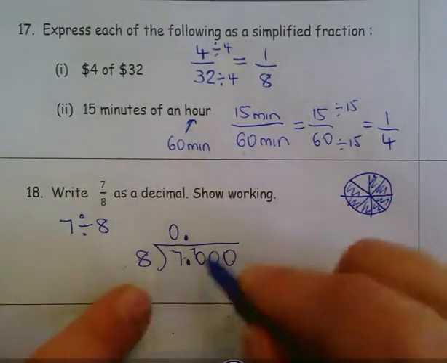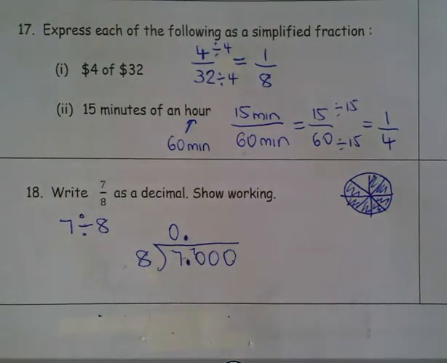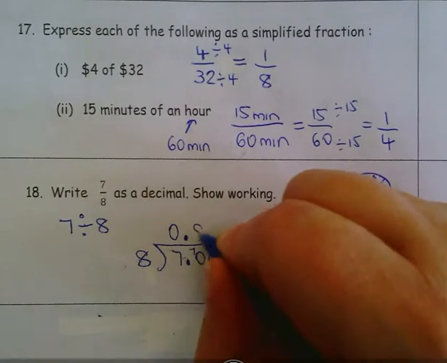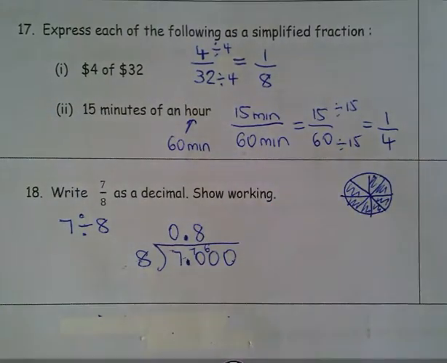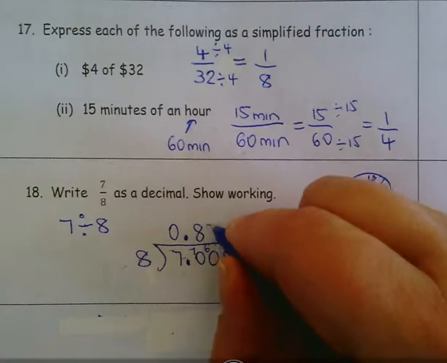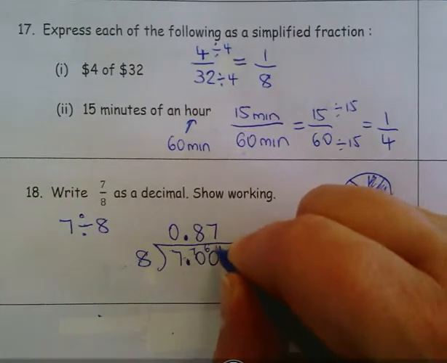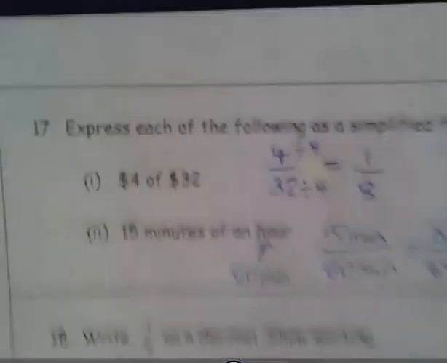I have to put it up there. Does 8 go into 70? Yes. How many times? 8 8s are 64. Remainder 6. Does 8 go into 60? Yes. 8 7s are 56. Remainder? And I'm going to zoom in so you can see it.